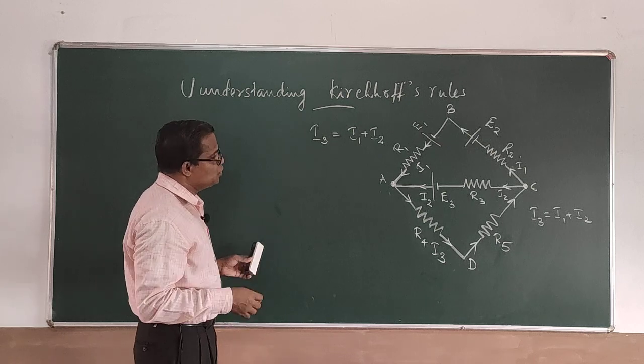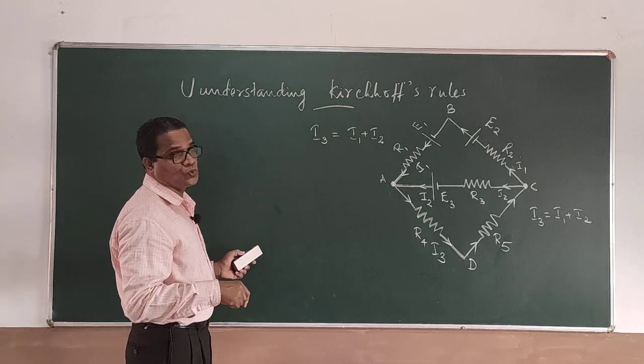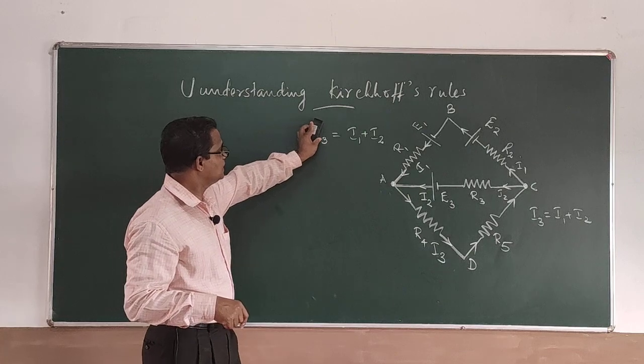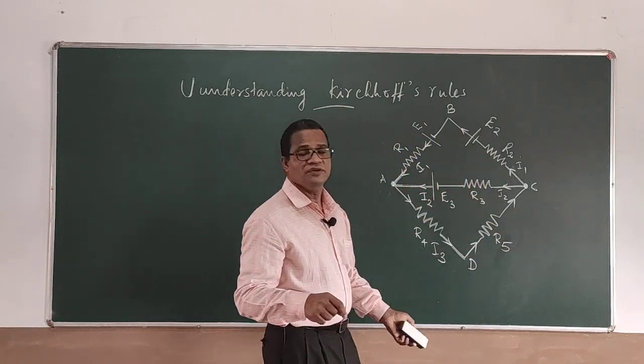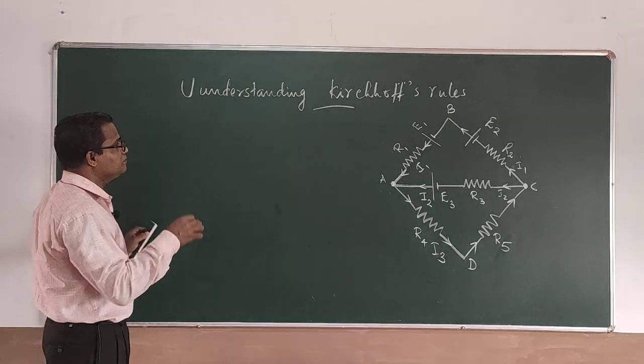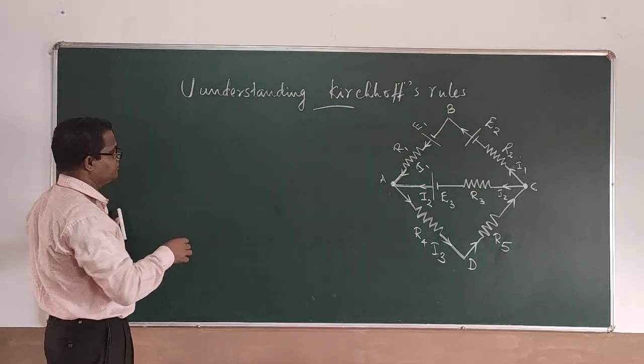But the second rule, that is the loop rule, is what we are supposed to understand clearly. Now this loop rule we will be discussing based on the loop that we define.